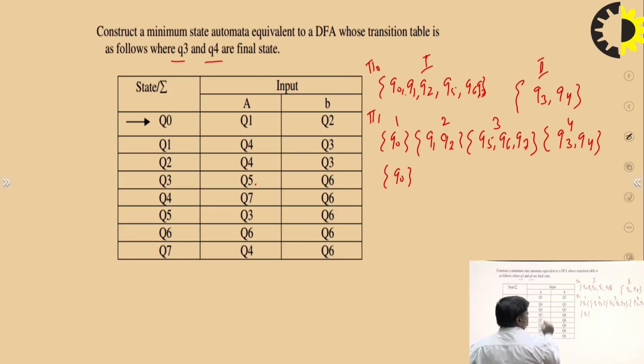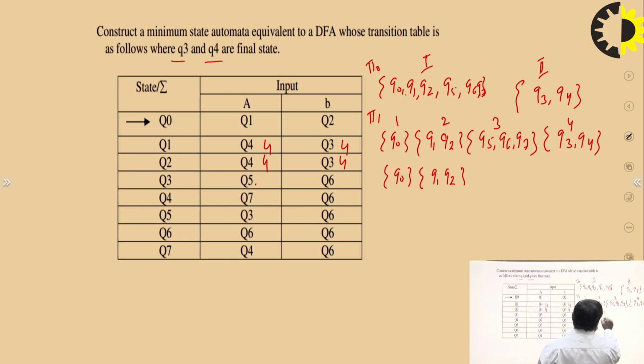Q4 lies in set 4, and Q3 lies in set 4, so 4 and 4. It means Q1 and Q2 again have similar behavior, so they lie in the same set.